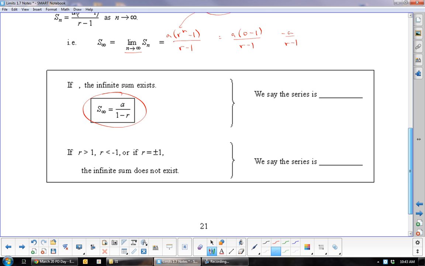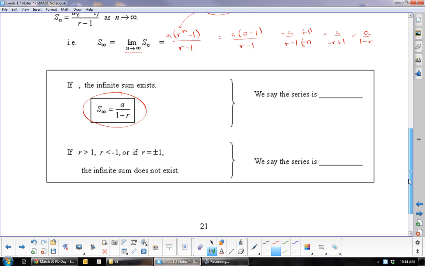Now, it sort of looks like the one I circled below, but not really, because that is a positive a. But if you multiply by negative 1 over negative 1, you get a over negative r plus 1, which is the same thing as a over 1 minus r.